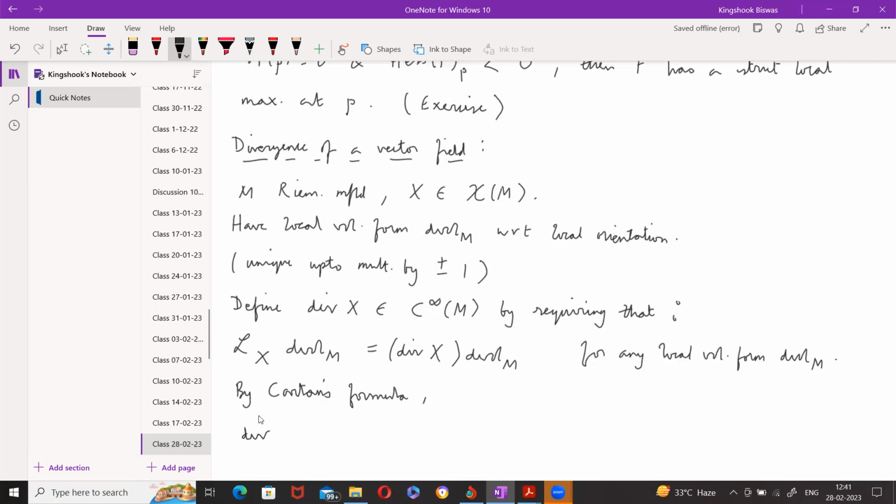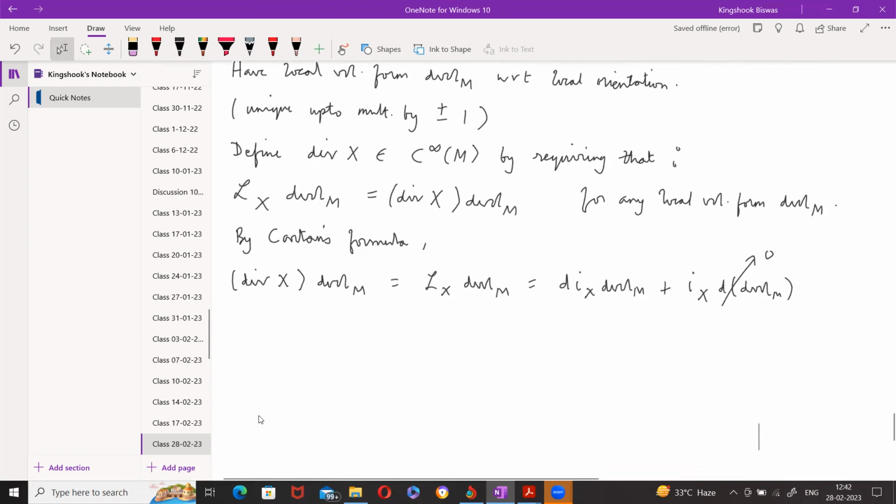We have that div X times the volume form dvol M is equal to L_X dvol M, which is equal to d i_X dvol M plus i_X d of dvol M. But this last term vanishes: the volume form is already an n form on an n manifold, so its exterior derivative would be an n+1 form on an n manifold, so that is 0.